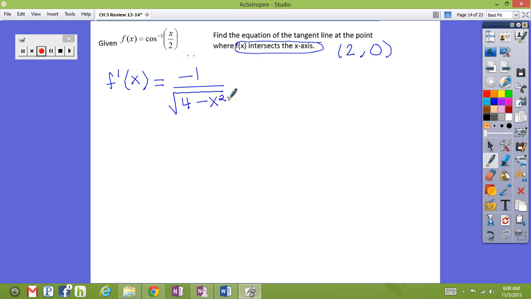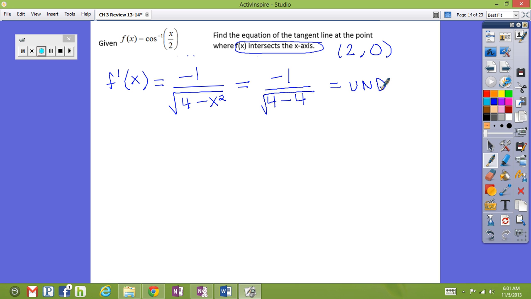So all I have to do is write negative 1 over 4 minus 4 square root, and we get undefined. Now, the point exists, and what's going on is the fact that the derivative does not. So you pretty much have a cusp, corner, or vertical tangent occurring, if I didn't make a mistake here.